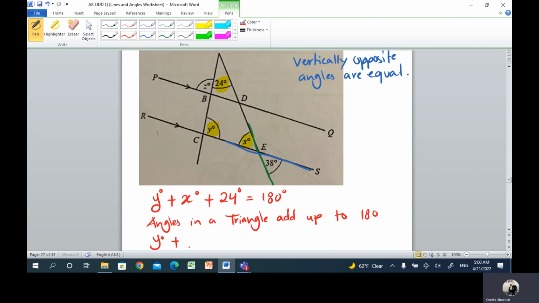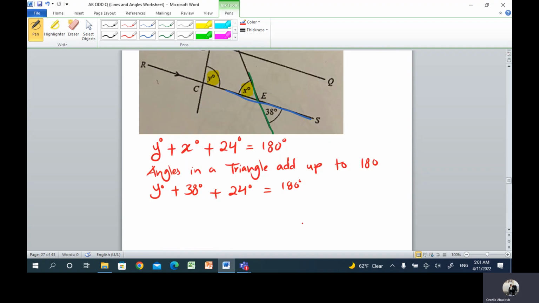We found x up there as 38 degrees plus 24 is equal to 180 degrees. If you simplify, y plus 38 plus 24 is going to come down to 62. And if you apply opposite operations by subtracting 62 from 180, then the answer will be 118 degrees. Okay?